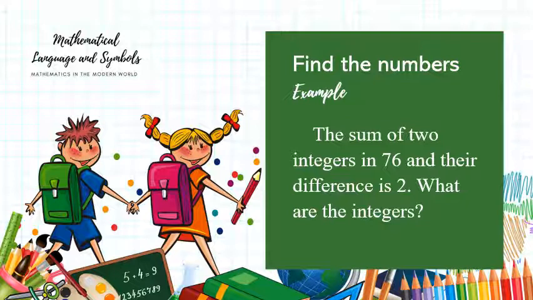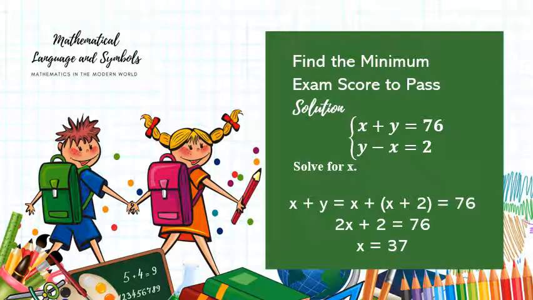So I know you have your answers there, but let's take a look at the solution. So, let x and y represent two numbers because we don't have variables for them, y being the greater and x the lesser. Their sum is 76 and their difference is 2.